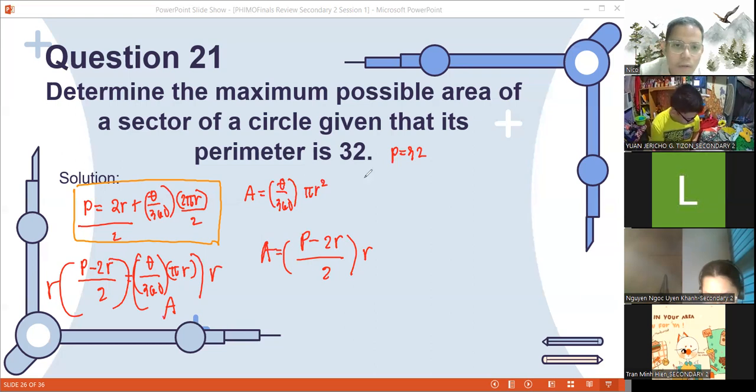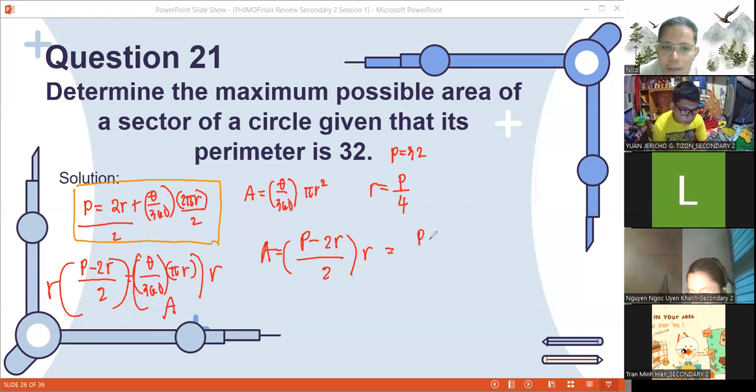okay. So take note that the r is just equal to P over 4, right? It's just equal to P over 4. So in this one, let's rewrite this one, P minus 2 times P over 4, over 2, times P over 4.